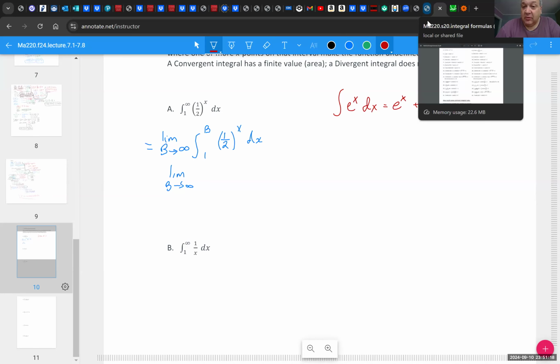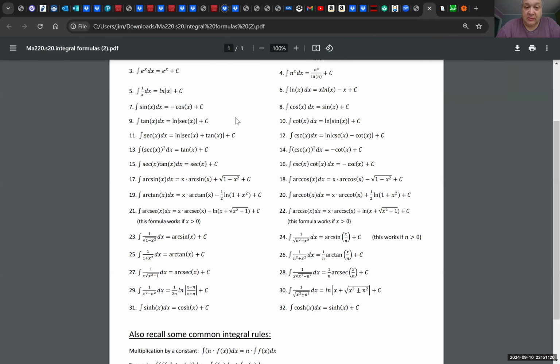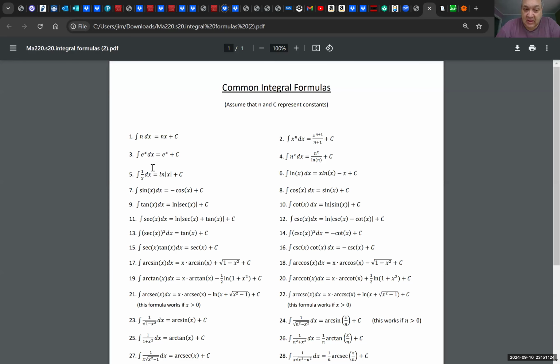If you're unfamiliar or don't remember that, you can just go back to the formula sheet I have, or any formula sheet. And let's see if I can find it. Here it is, number 4. Any number raised to the x, so n is a constant, has an antiderivative of that constant raised to an x, so it repeats itself just like the e to the x repeats itself, but we get this divided by ln of the number.